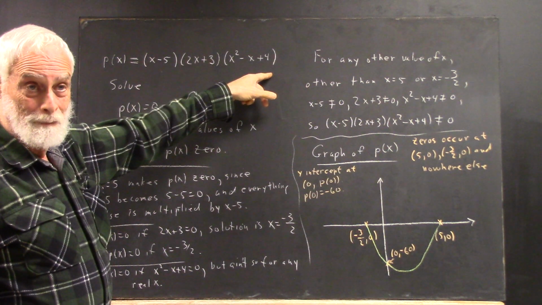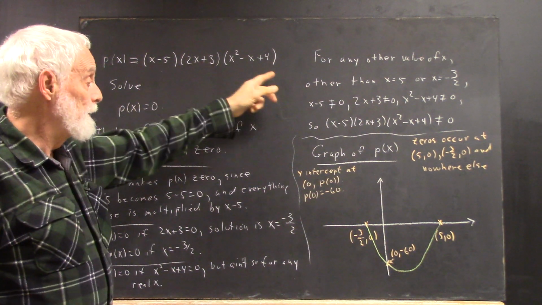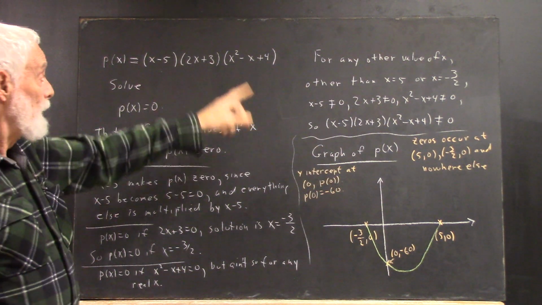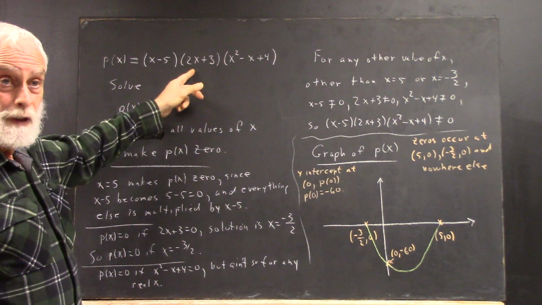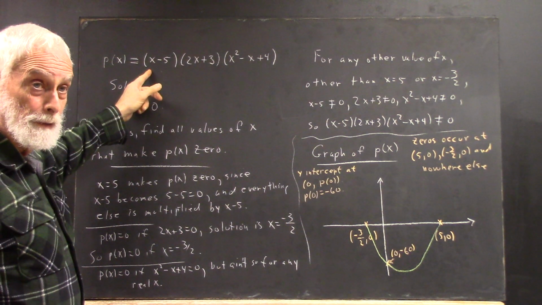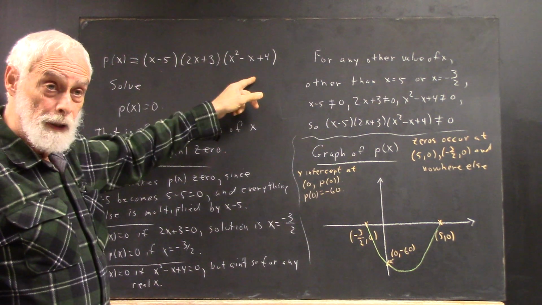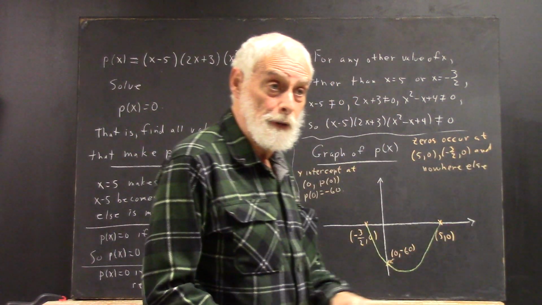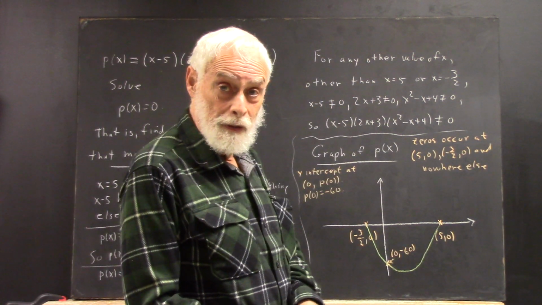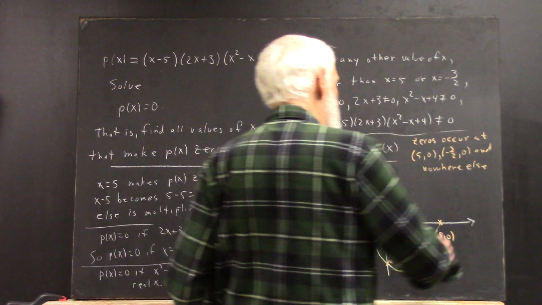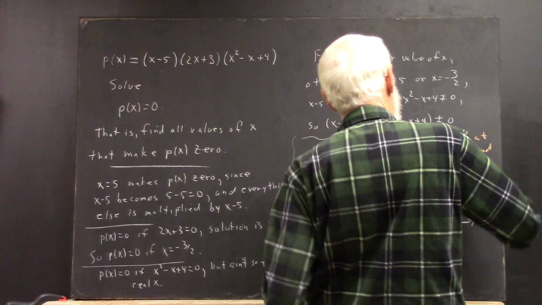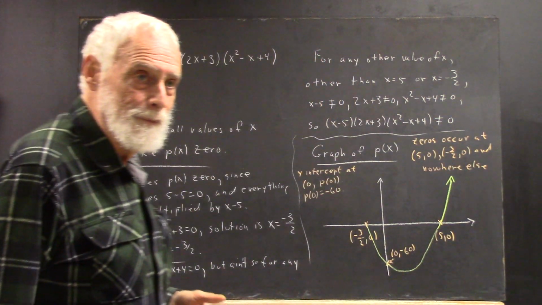It's 24. So all these would be positive as soon as p gets bigger than 5. And then this just keeps getting bigger, and this just keeps getting bigger, and this just keeps getting bigger. So you've got 3 numbers that you multiply together, and they just keep getting bigger as your x value gets bigger. Okay? Now, there's more we can say about that, and we will, but for right now, we're just going to say this just kind of keeps going. Okay?